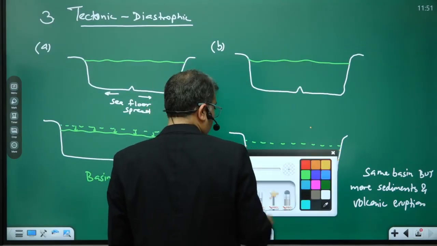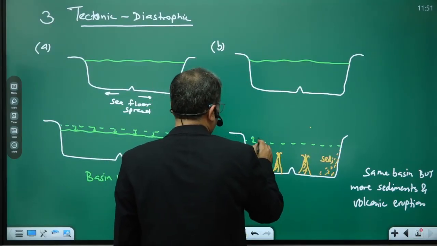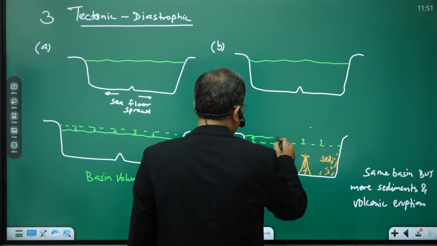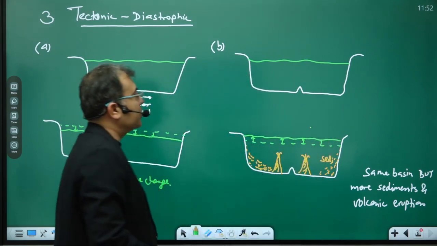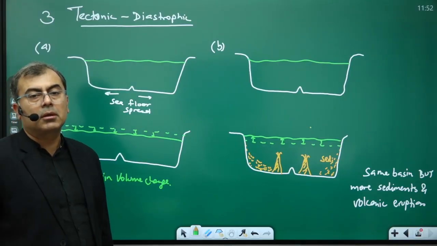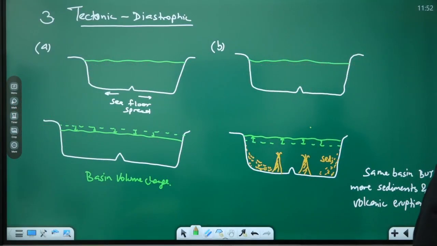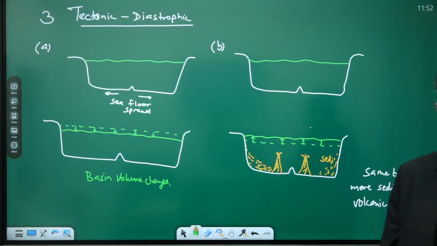What will happen to the volume this time? The ocean basin is same, but since the space has reduced, will the sea level rise or not? Is everyone with me on this? True.